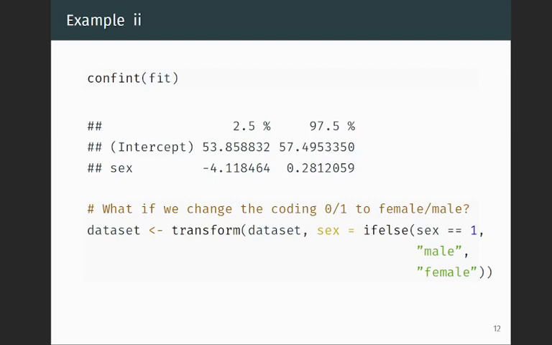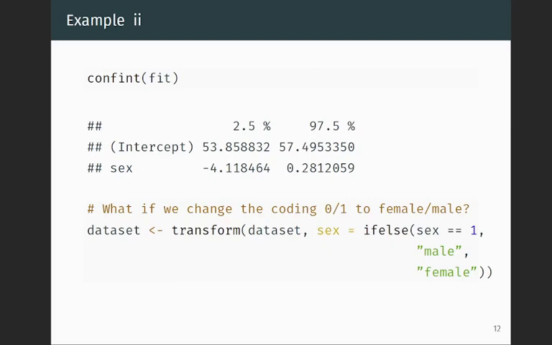And so I'm setting sex equal to if-else. If-else, remember, we start by specifying a condition. In this case, it's sex equals 1. And then we need to specify what happens if it's true and what happens if it's false. If it's true, then we output male as a string. If it's false, we output female as a string.